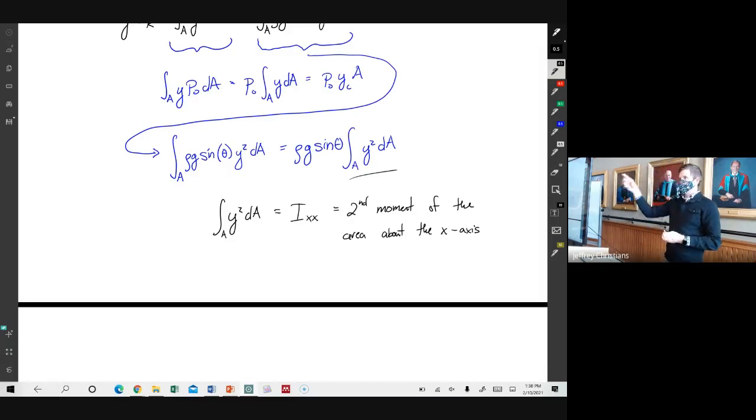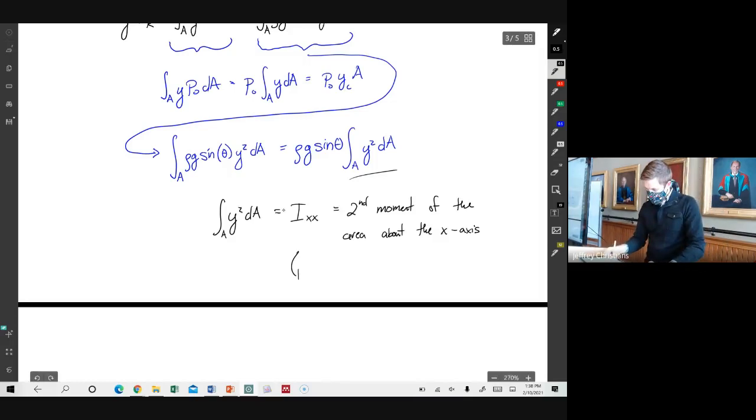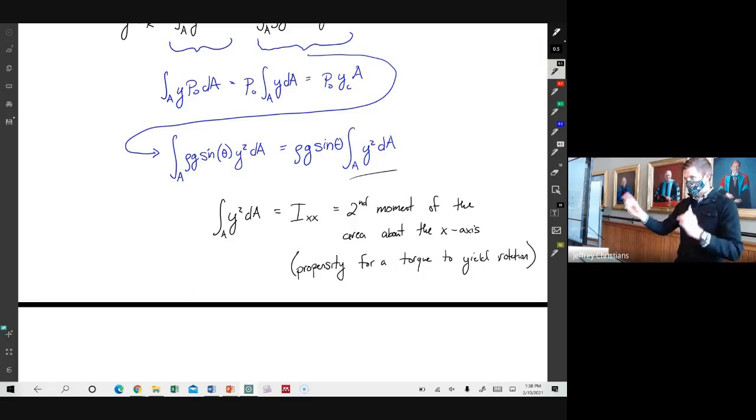Right, it's like the propensity of that shape to want to rotate about the x-axis. How easy is it for that geometric shape to rotate about the x-axis? Right, the propensity for some torque that we're applying to lead to a rotation.